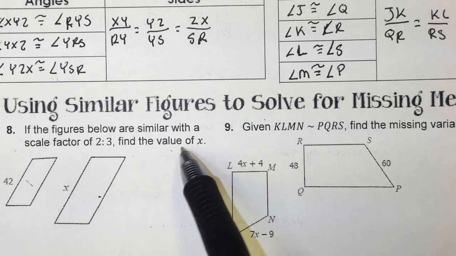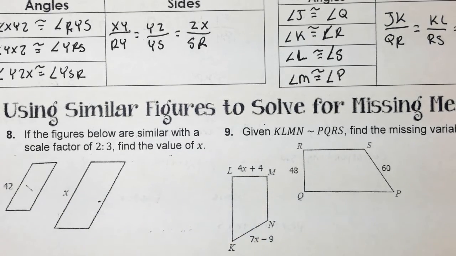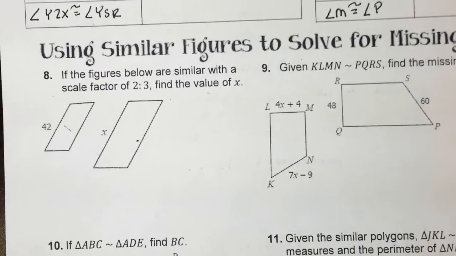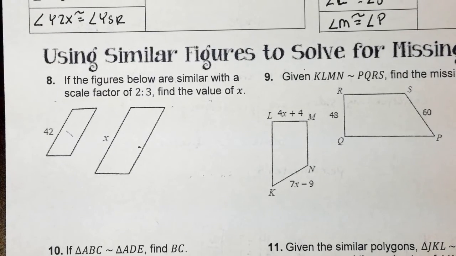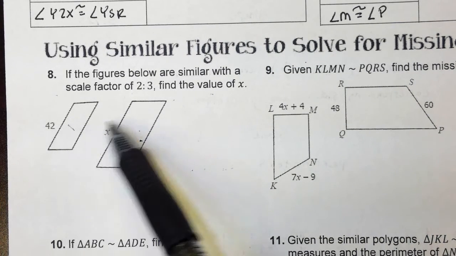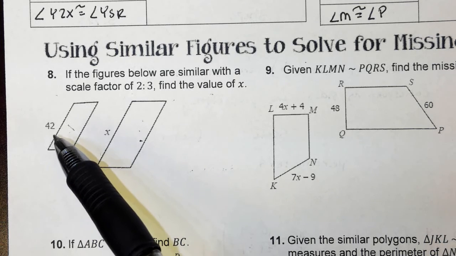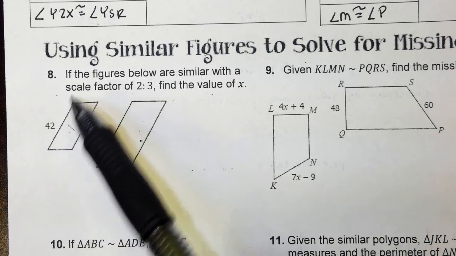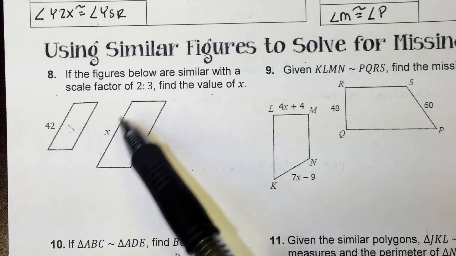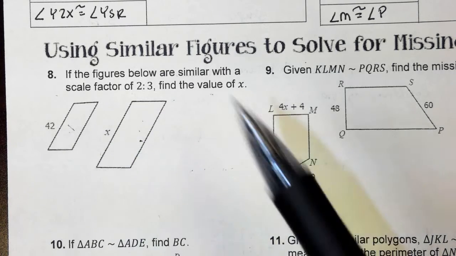And then they want you to find the value of x. To do that, you need to be able to write a proportion. We've actually given you both parts of your proportion on this one. And then they give you 42 on this shape right here, and on the corresponding side on this shape, they give you x.